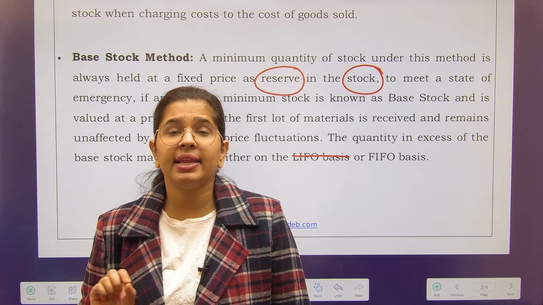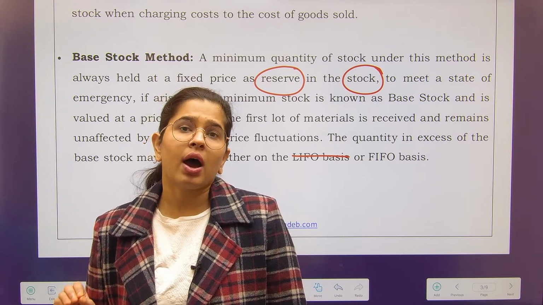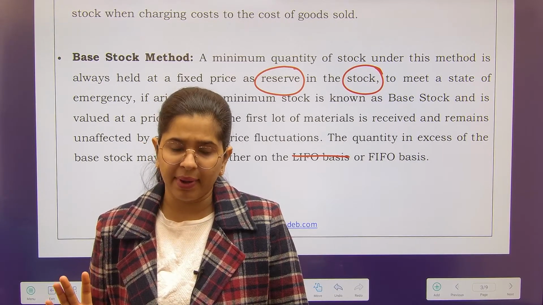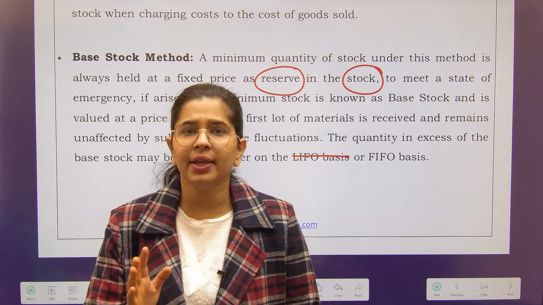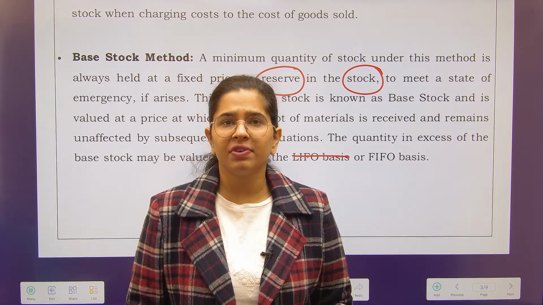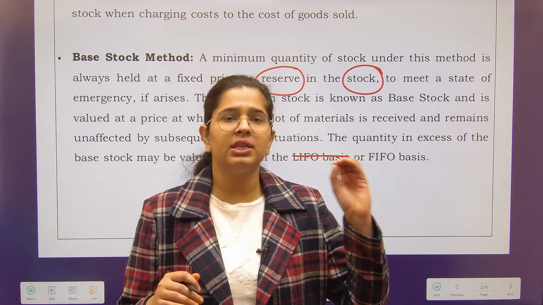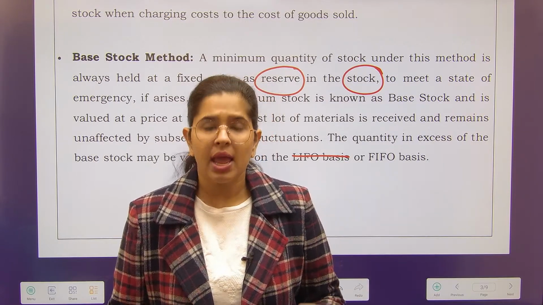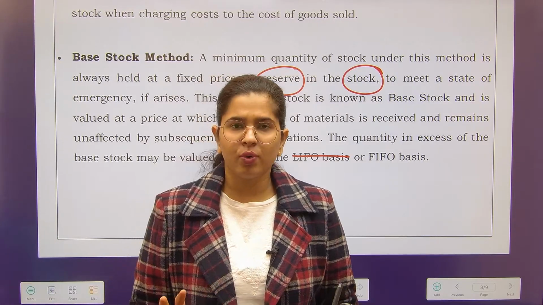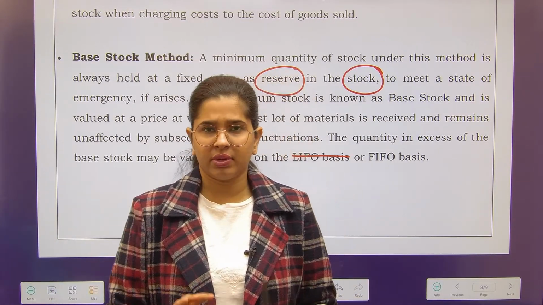This is my daily requirement, correct? So I have decided that fine, 100 units is my daily requirement. Why not keep 20 units in reserve, so that in times of emergency I can use these 20 units in production, and by that time my new supply will come in. So you understand the reserve creation.